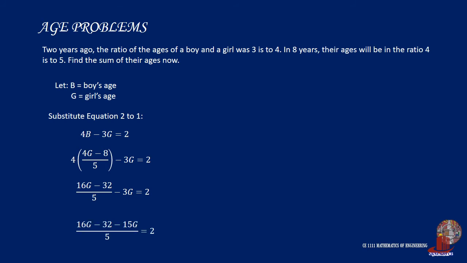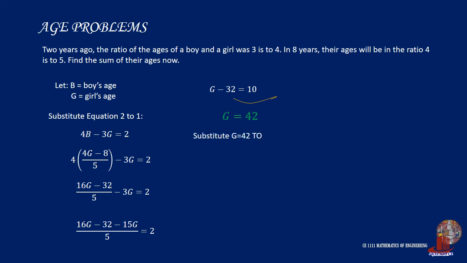Then taking the least common denominator, or LCD, we get 16G less 32 minus 15G all over 5 is equal to 2. Cross-multiply the denominator 5 to the other side and we get G less 32 is equal to 10, where we can get the value of G as 42.